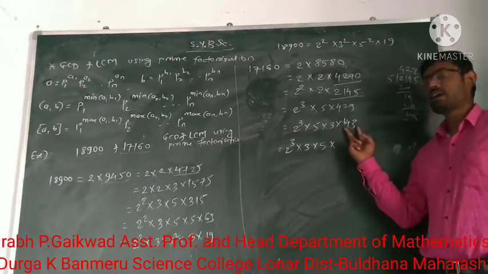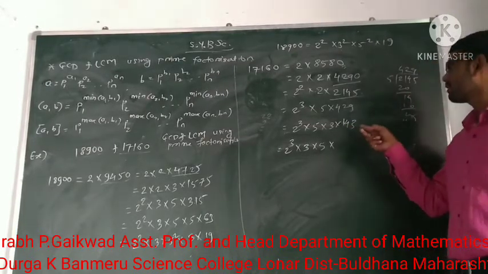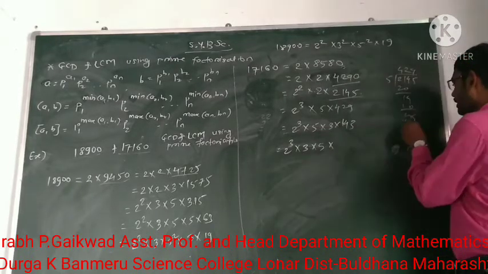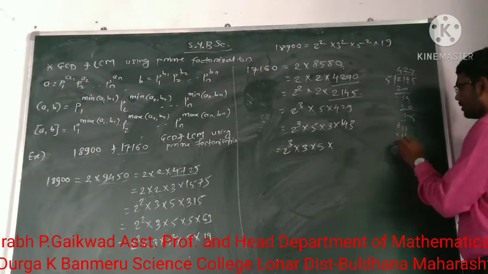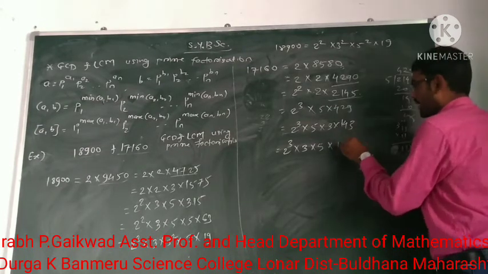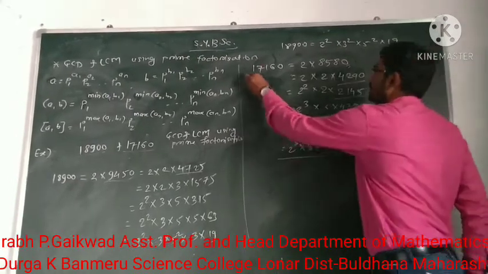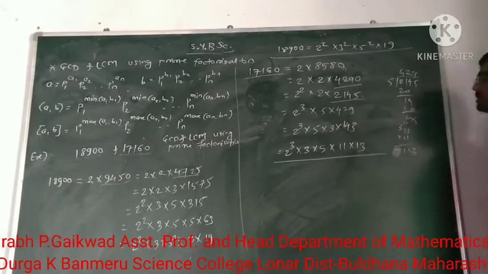This means this number is divisible by 11. So divide this number by 11. 11 into 13 is 143. So 11 into 13. This is the prime factorization of 17160, and this is the prime factorization of 18900.